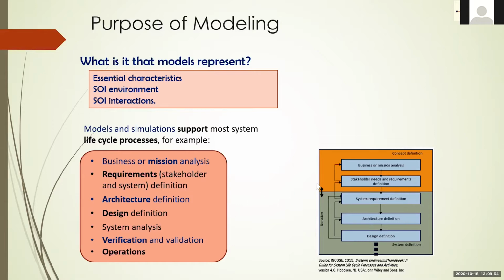And so what we have on the right are some of the processes that we use according to ISO 15288, which is the standard for systems engineering lifecycle processes. On the technical processes, we have 14 of them. And here we have the first 5 processes from the technical process group.